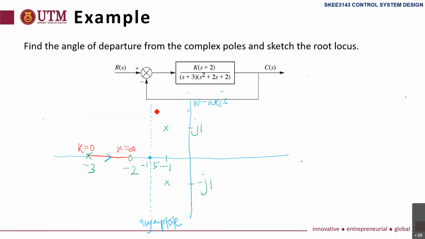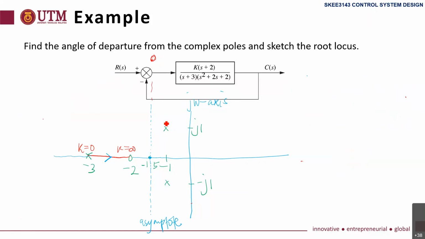What is the importance of asymptote? We discussed it before. Asymptote will help us to locate the infinite zero, right? So the zero here, at infinity, actually no zero, but it's at infinity.